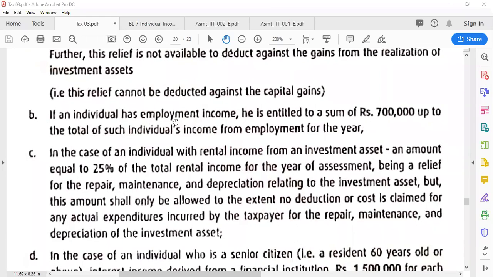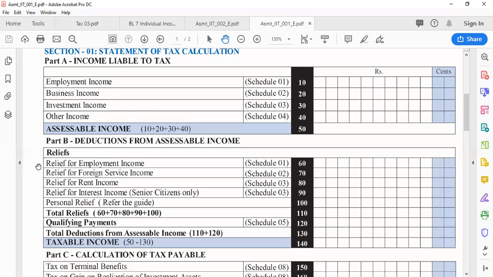Then second, if an individual has employment income, he is entitled to a sum of 700,000 up to the total of such individual's income from employment for the year. Here, relief for employment income equals 700,000.